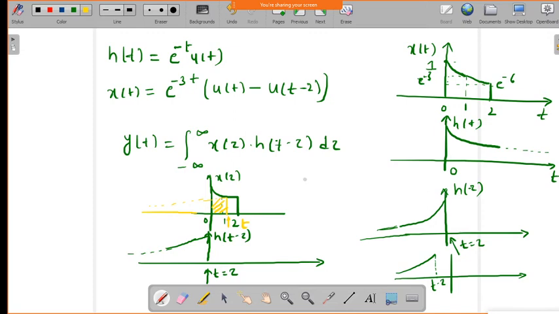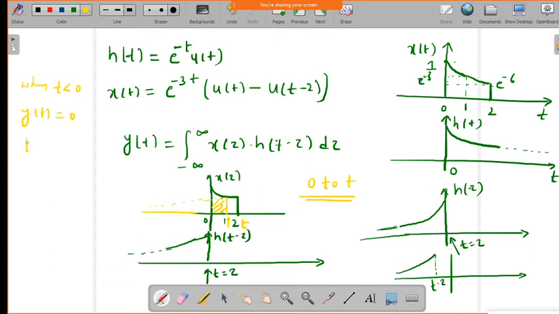So, now this is one of the limits of the convolution integral, that is from 0 to t. When t is less than 0, your output y of t will be equal to 0.